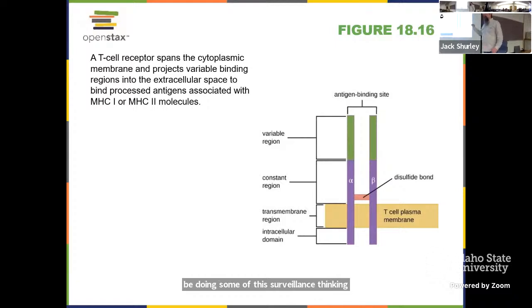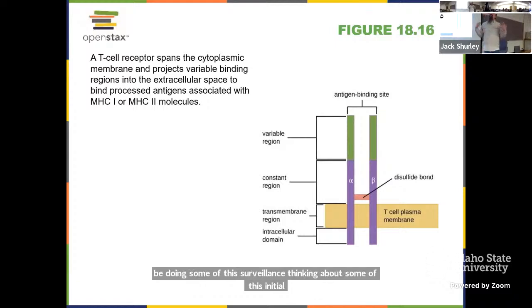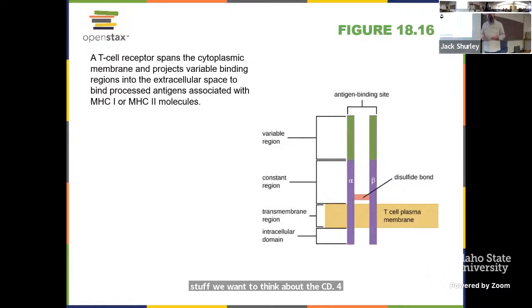Thinking about some of this initial stuff, we'll want to think about the CD4 or T helper cells. These are the cells that are kind of like the central hub of the immune response. They're the ones that are told this is what's happened, and in turn, depending upon what they see, they tell the other cells how to respond, all right?